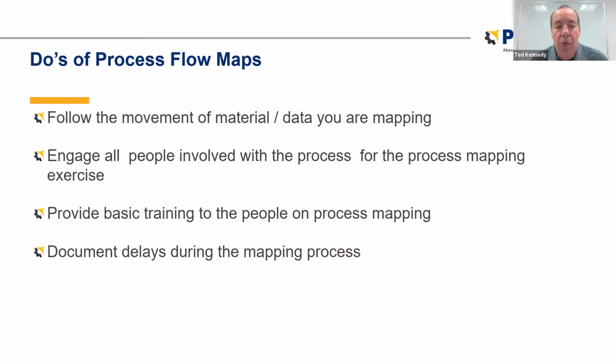And while you're doing the process flow mapping, look for delays. Like I said, somebody making a decision is a delay point, a couple of days of delay there. Try to put that in the map as information for when you design the new system.